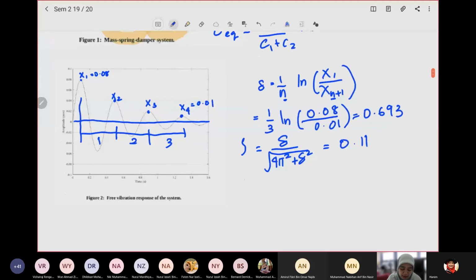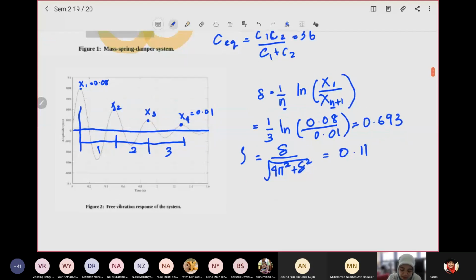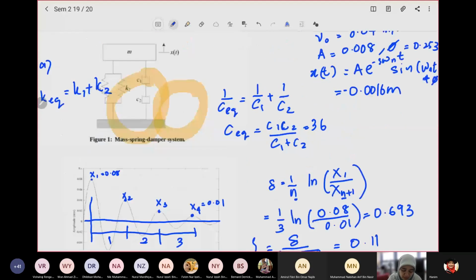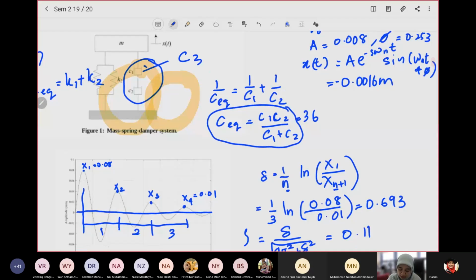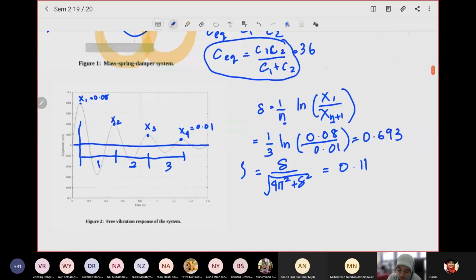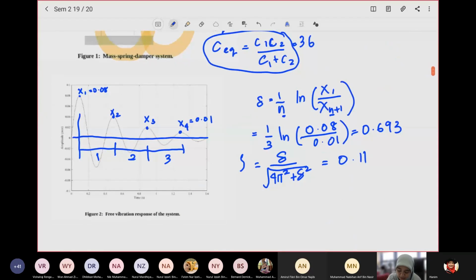Then what do we do to get C3? Remember we are still looking at this system, but now instead of C1, they change it to C3. So you can use this relationship for your C equivalent, but you change your C1 to C3.